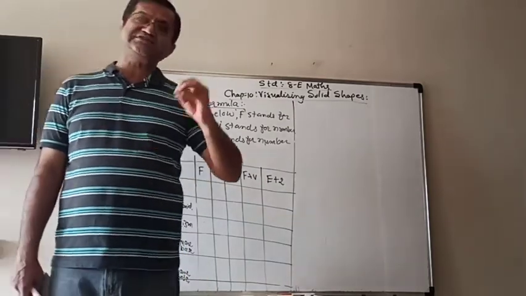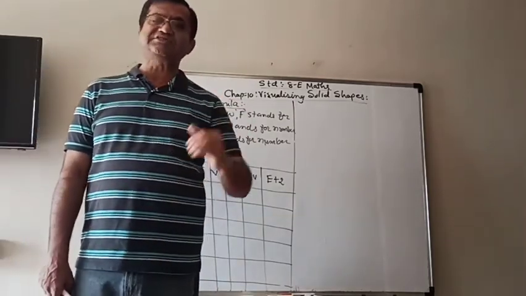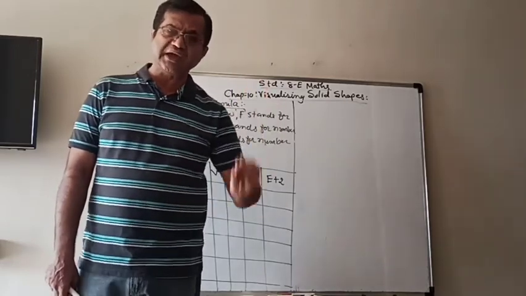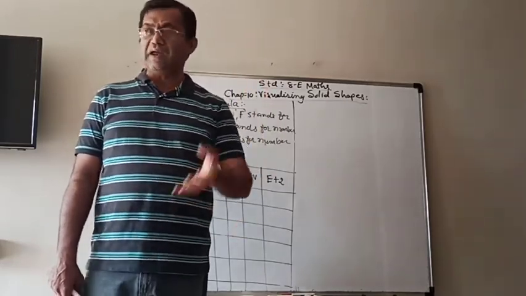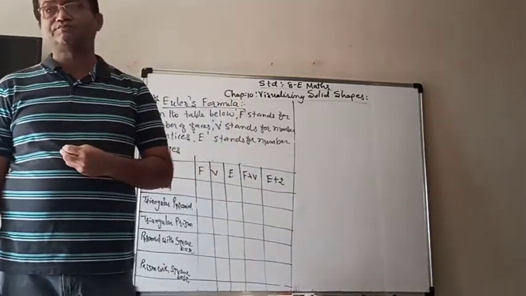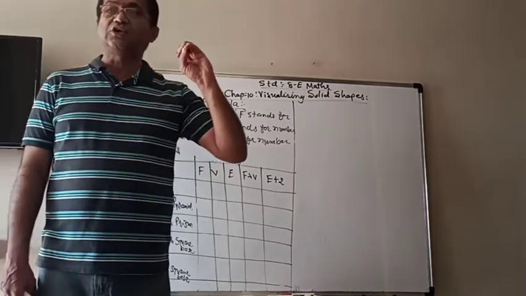So let us understand by writing the number of faces, vertices and edges and derive a relation between them. That is Euler's formula.